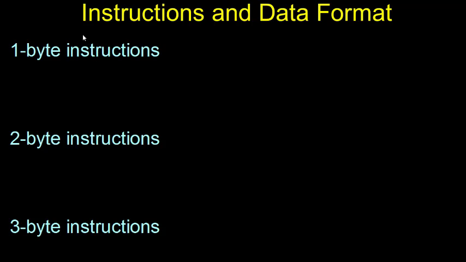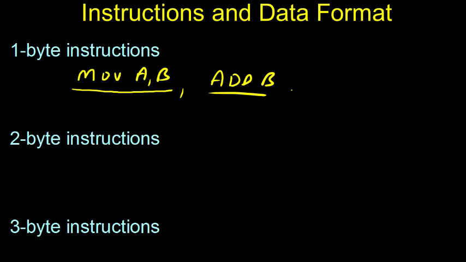There is one more way of classifying the instructions of 8085. The instructions can be 1 byte instructions, 2 byte instructions, or 3 byte instructions. Let us see this by an example. If we write the instruction MOV A, B, this is a 1 byte instruction. Then an instruction like ADD B is also a 1 byte instruction.